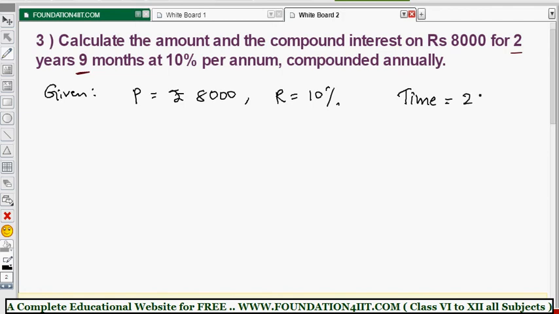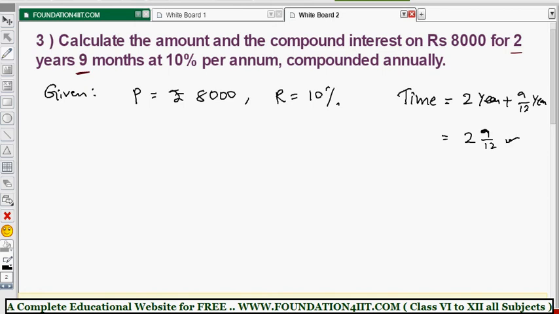That means 2 years plus 9 months is 9 by 12 years. 2 years plus 9 by 12 years. So 2, 9 by 12. Yes, let it be this.